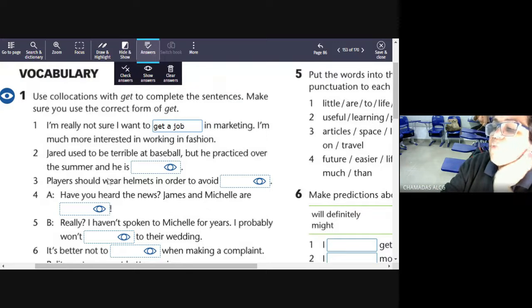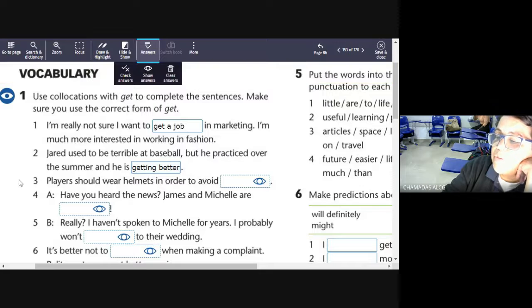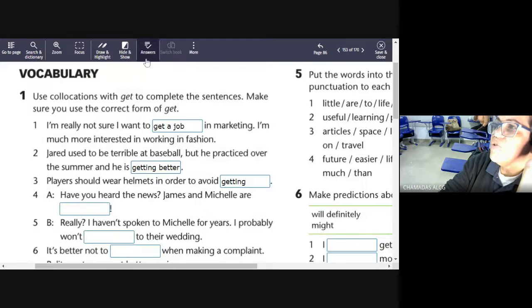Let's see the second one. Jared used to be terrible at baseball, but he practiced over the summer. And now he is getting better. Okay? So he is improving. Number 3, players should wear helmets in order to avoid, yes, getting injured.